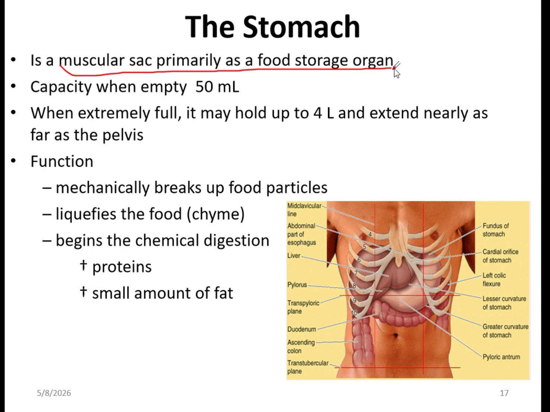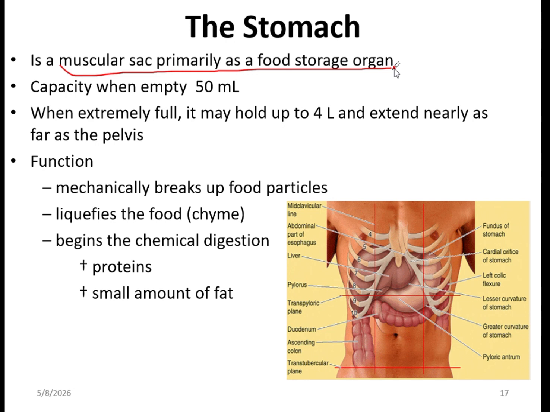It is located in the upper left portion of the abdominal cavity, which has 4 major parts. You know the 4 major parts, right? One is the cardiac part, second is the fundus part, third is the body part, and the fourth is the pyloric part. Also, as I said earlier, a sphincter is present known as the cardiac sphincter.